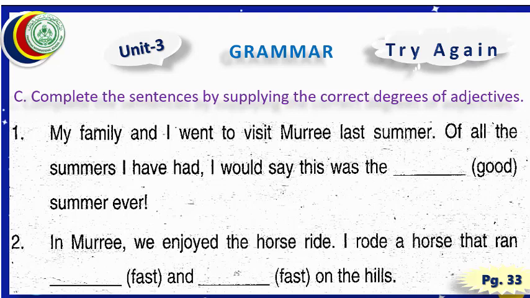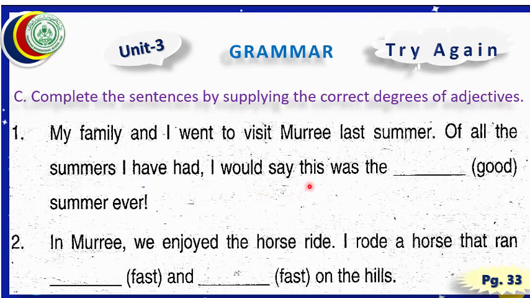Let us do the exercise. Instructions say, complete the sentences by supplying the correct degrees of adjectives. My family and I went to visit Murray last summer. Of all the summers I have had, I would say this was... You can try to find out what is being compared here. Here, summer is compared with all previous summers.